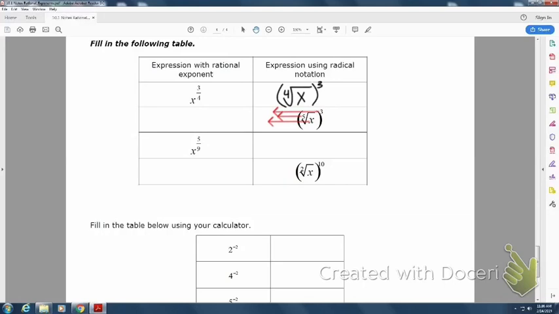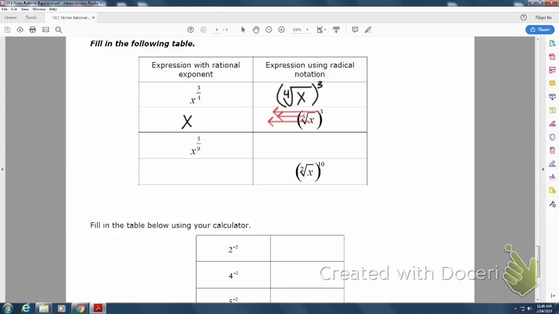Okay. 3 over x to the 5th. Okay. What's my base?